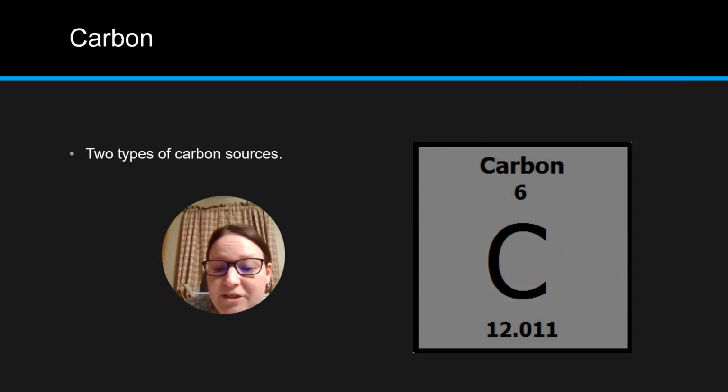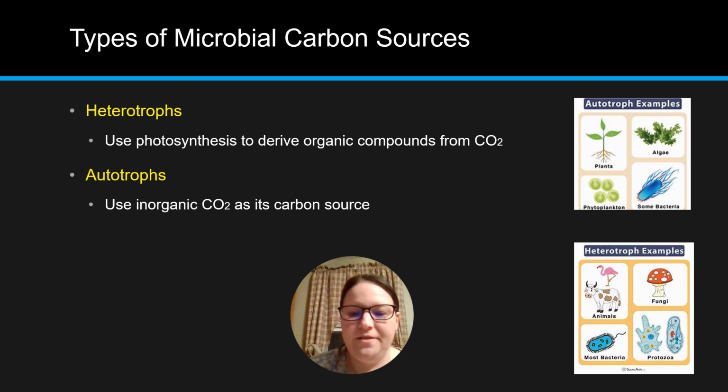Our first one is our C, which is carbon, and there are two types of microbial carbon sources. One is the heterotrophs and the autotrophs.